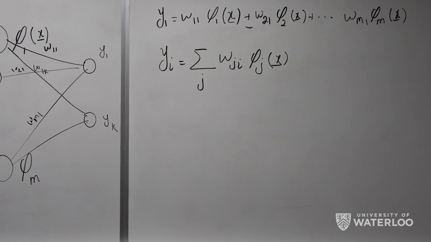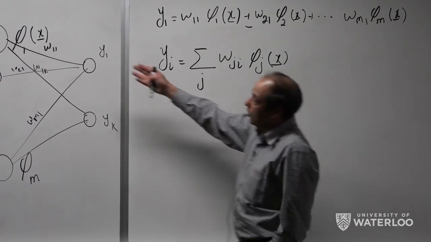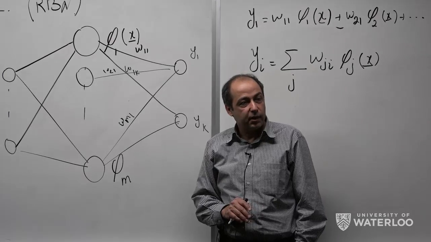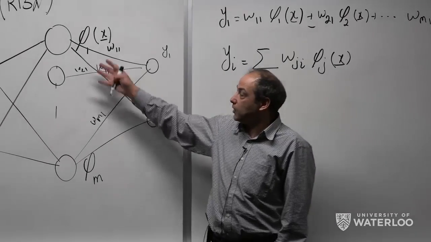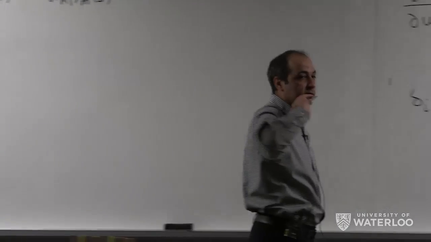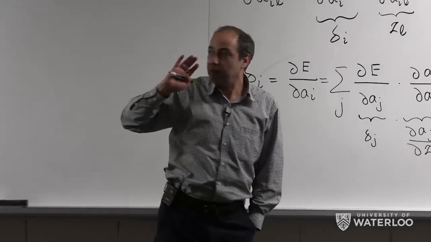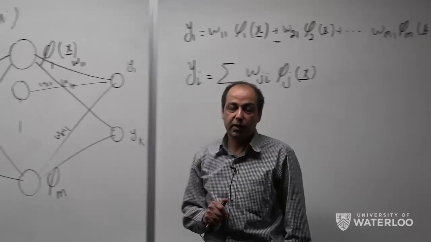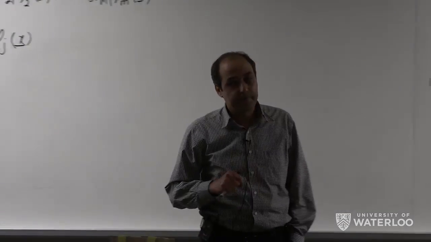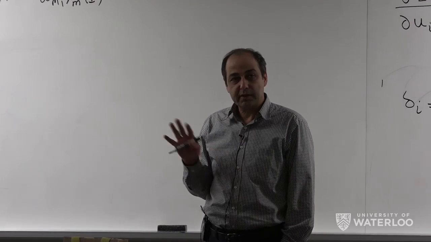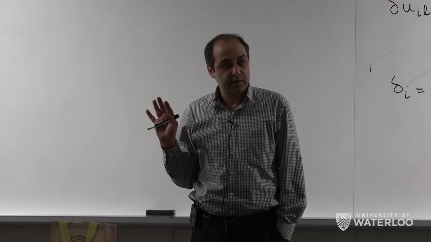As usual, our problem is to find the parameters of the model, these w's, with the assumption that the phi's are given and fixed. I give you the nonlinearity phi, and you can compute phi of x. So the only unknown part is these parameters w. The setting of the problem is clear.